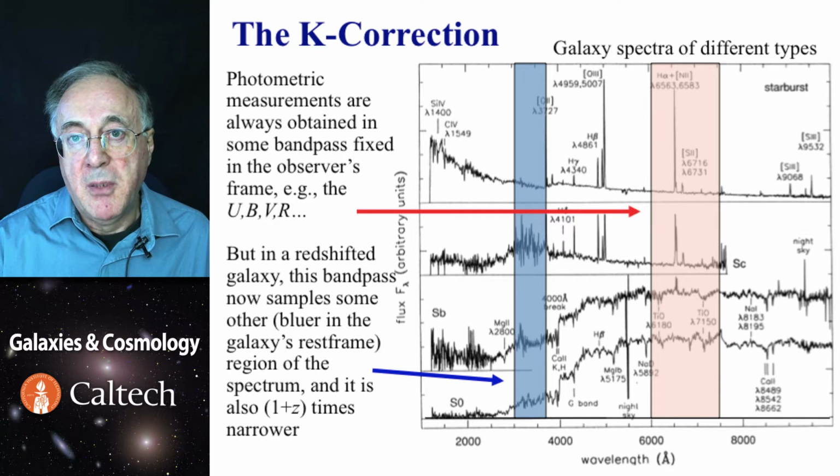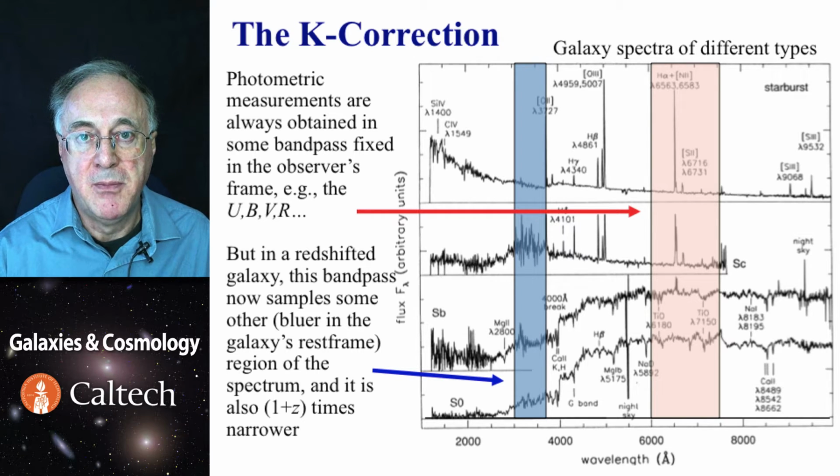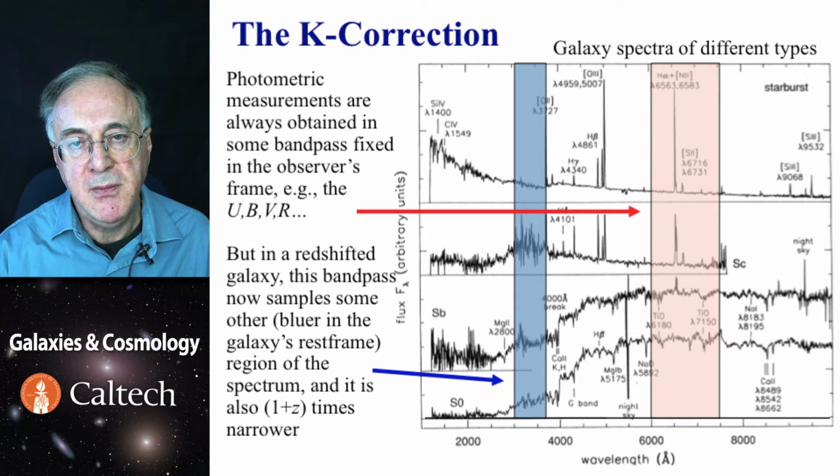We observe typically in a given filter, red filter say, or visual filter and so on. And here are the spectra of galaxies of different types. The reddish band indicates roughly where the rest frame filter, like a red filter, would cover the spectrum as observed near us.